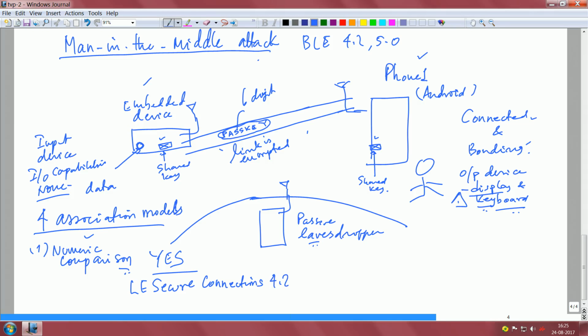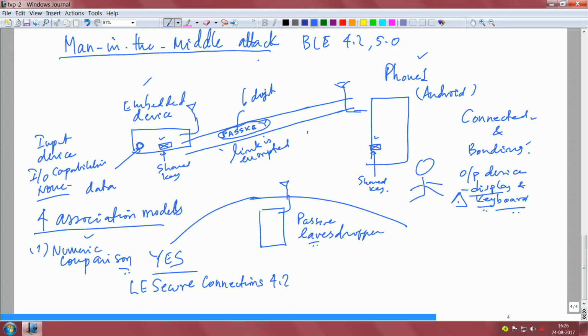The second method is you have only one side capability: the output device has the ability to enter the pass key using a keyboard and display, and the other side is what I showed here, there is no display and keyboard. The exchange of pass key 1 bit at a time in BLE is an important enhancement over the legacy models, will not worry so much about all of that.